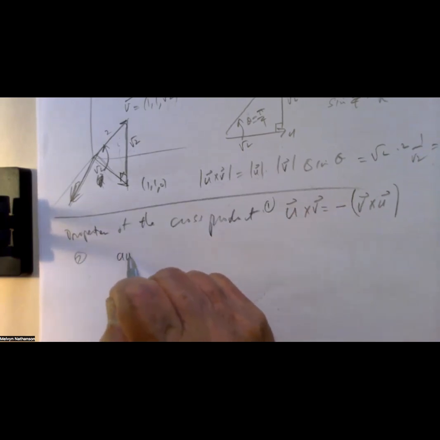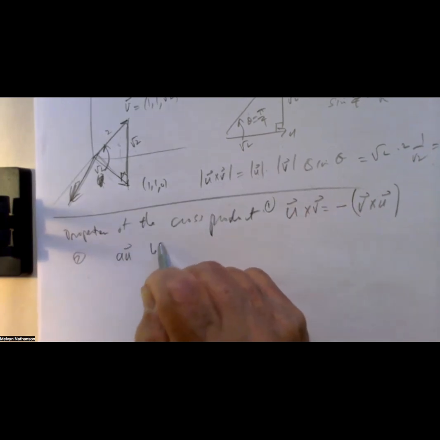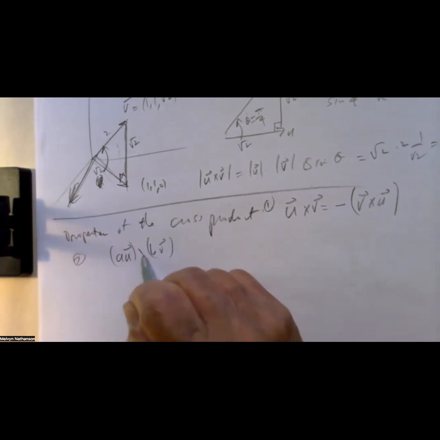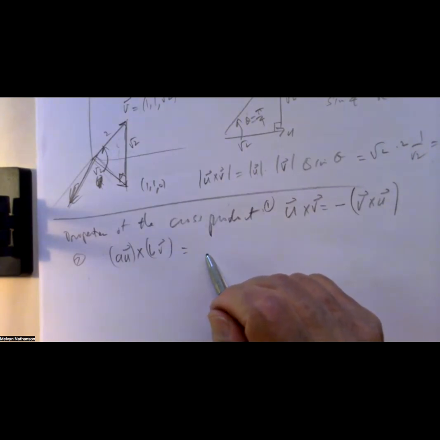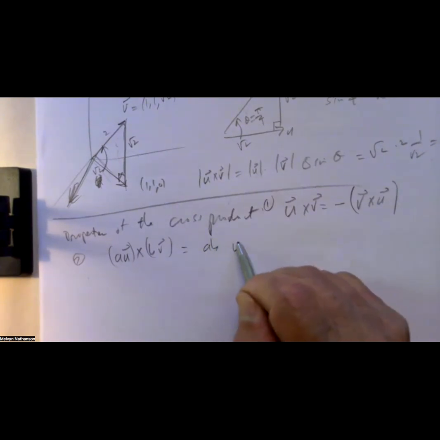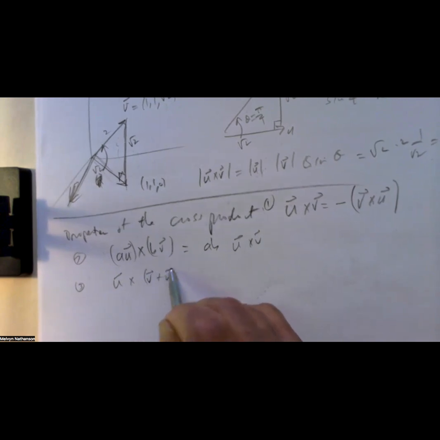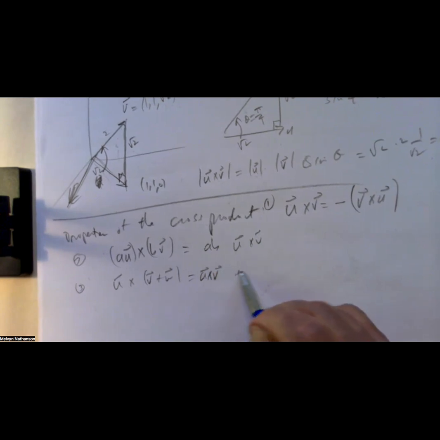Second property is if you multiply u by a scalar a and v by a scalar b, and you take this cross product, you get exactly ab times the cross product of u and v. There's a kind of distributive property. u cross (v plus w) is u cross v plus u cross w.